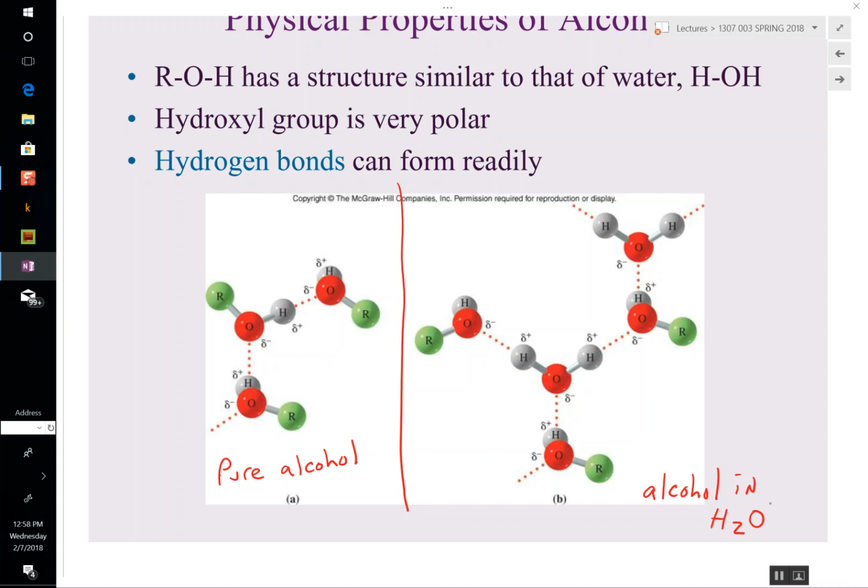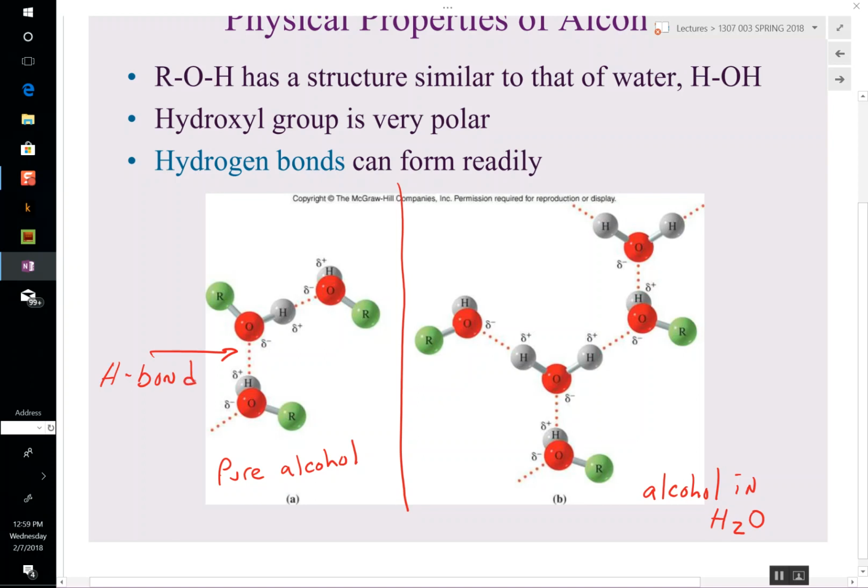It's not like sodium chloride where you actually have ions. You have a covalent bond but unequal sharing of the electrons. So you get a polar bond which brings some polar character into the molecule and allows the seemingly negatively charged oxygen to be attracted to a hydrogen on another alcohol molecule. So this little dotted line right here is the hydrogen bond.